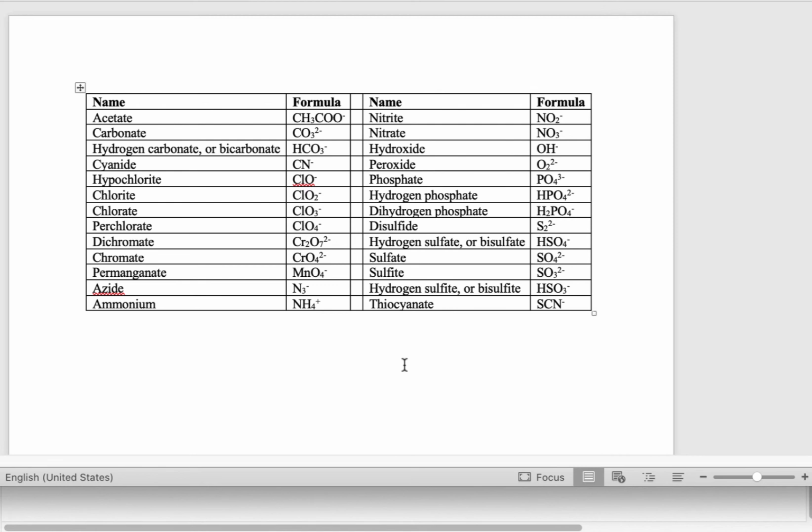All of these ions are going to be ones that we need to know. You're going to need to know the formula and the name for all of these different ions. And notice as you scan through them that only one of them is positive.